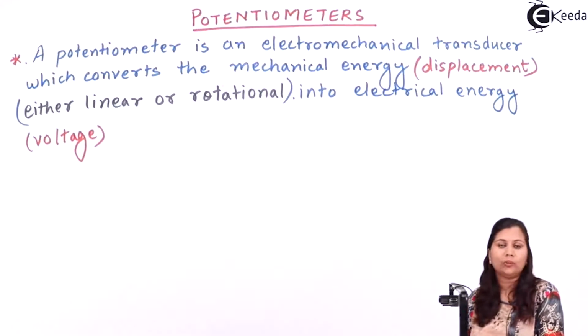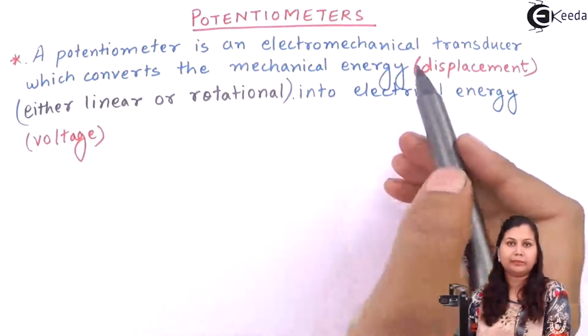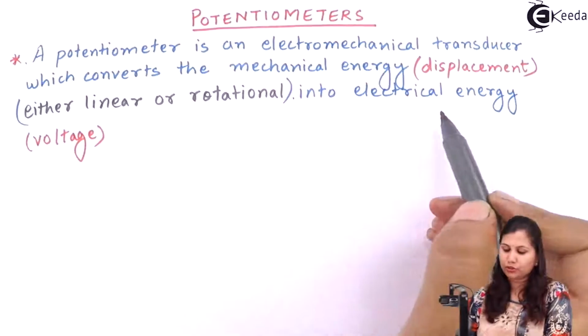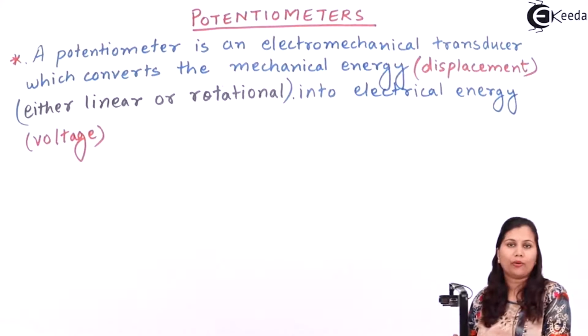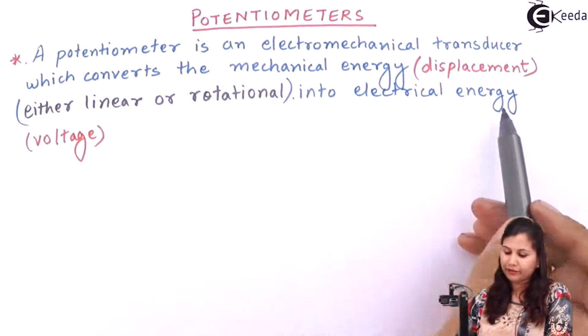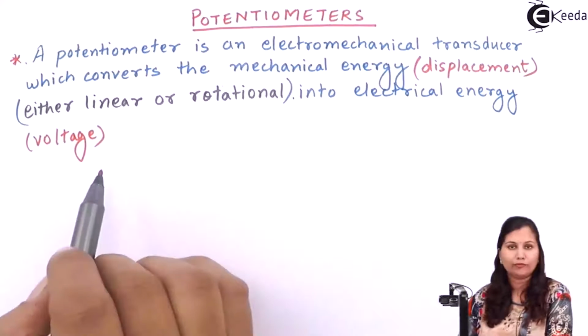So basically what a potentiometer is doing, it is converting the mechanical energy into the electrical energy. The mechanical energy is in the form of displacement. Displacement can be either linear or rotational, and the electrical energy or the output of the potentiometer is voltage.